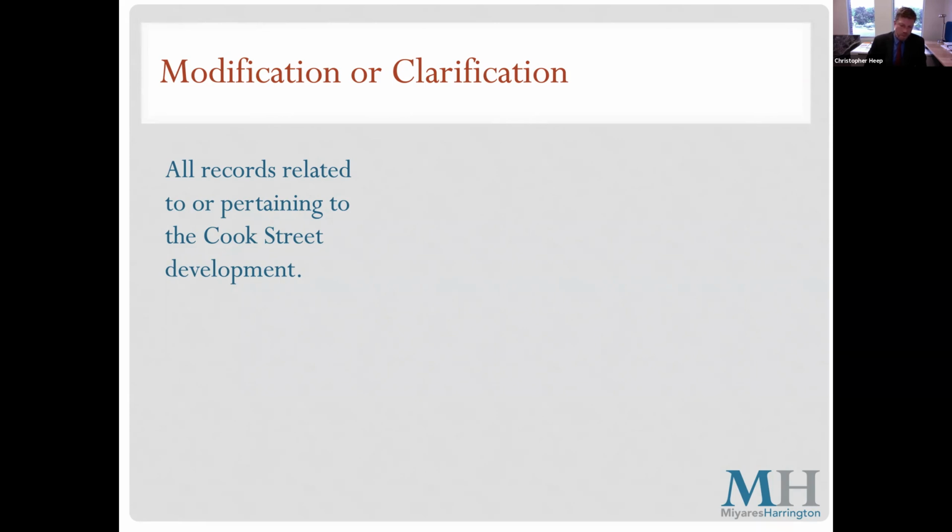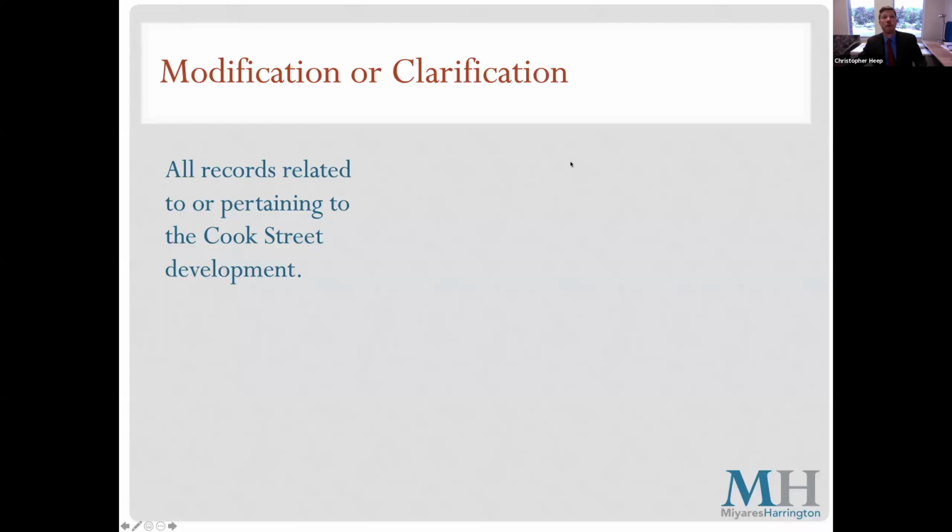So in our experience, this is probably the most useful first step when the town is presented with a complicated request, or one that's going to require them to produce a lot of documents.